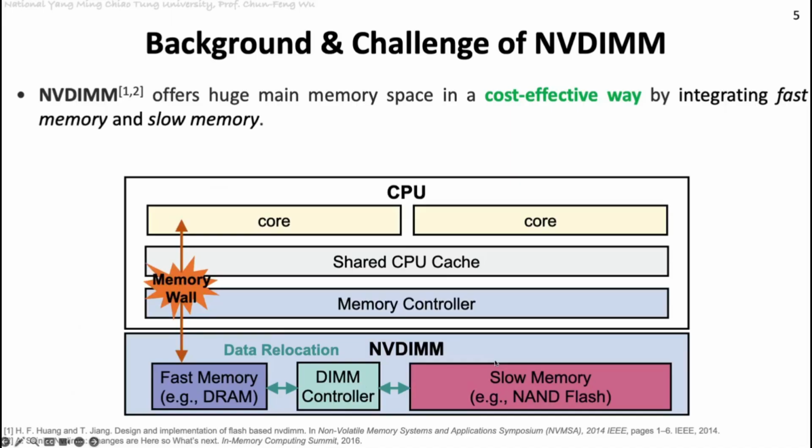Traditionally, we only have DRAM as our main memory. And at that time, when the CPU accesses data from memory, we call it the memory wall, right? The reason is the CPU loads all the data from DRAM, but DRAM needs around 50 nanoseconds to return the data to the CPU.